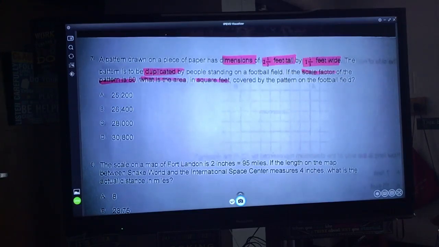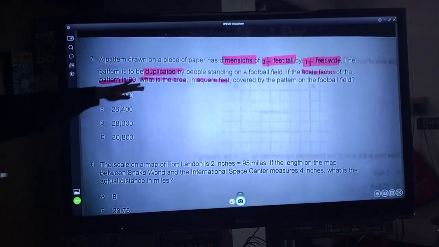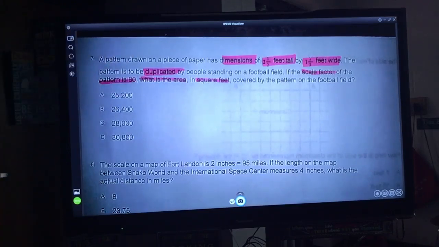Raheem, what do you think? I think no, because it's asking what is the area. So you think no because it's asking what is the area. So guys, what is this 80 standing for? Because if we don't know what the 80 is standing for, we cannot solve this problem. This is why it is very important to actually annotate and think about what you're highlighting.